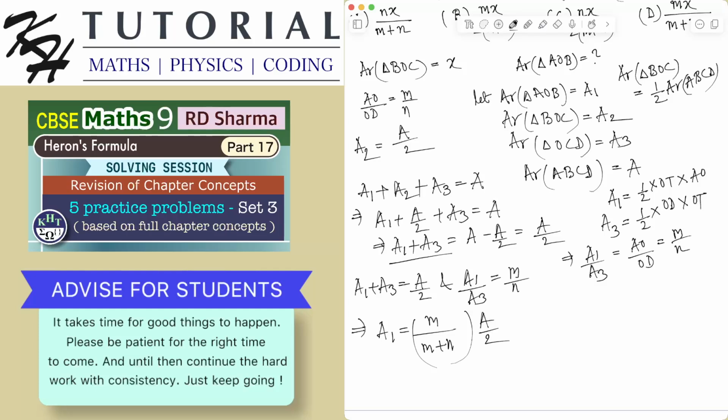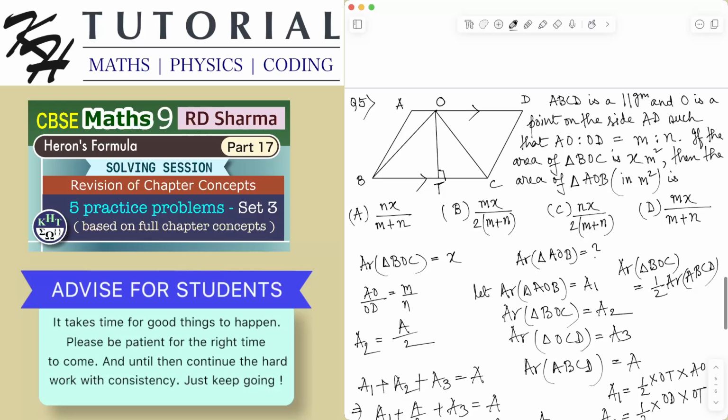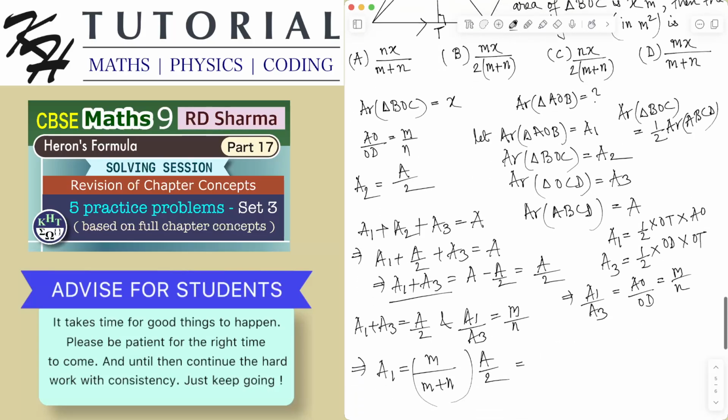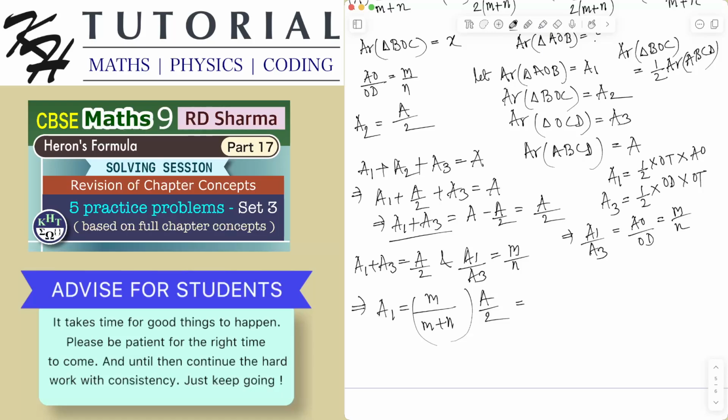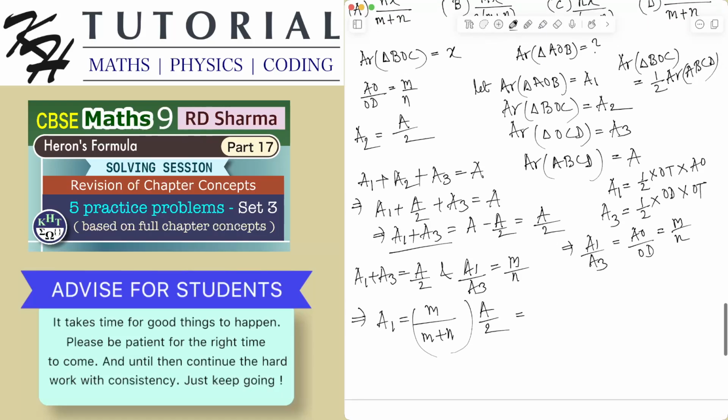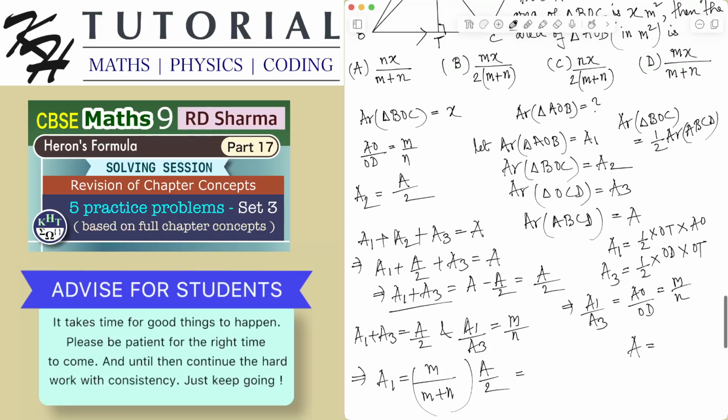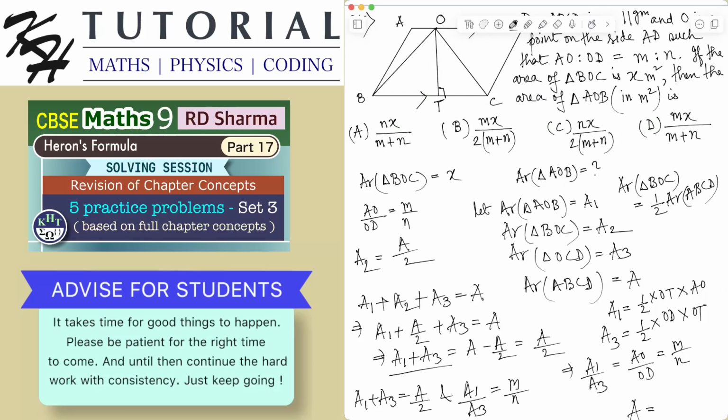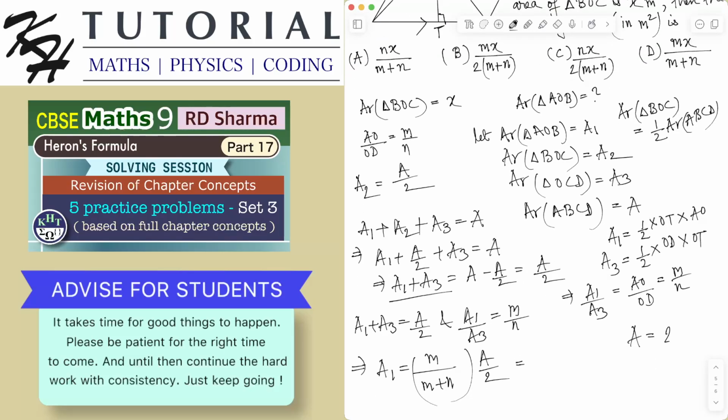A by 2. What was capital A? Capital A was the area of the parallelogram ABCD. Now the area of the triangle BOC is given as x, and we have to find in terms of x. The area of the parallelogram ABCD is twice the area of the triangle BOC, so A is actually twice x.